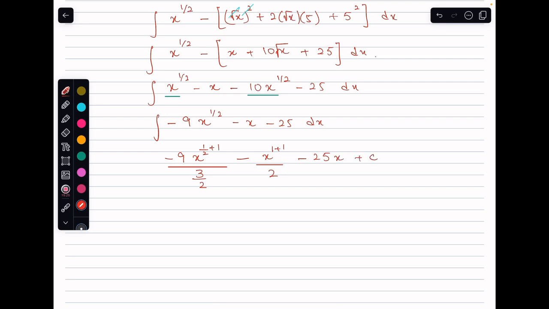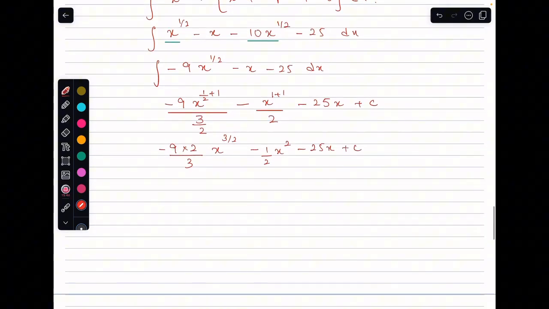So further I can say it's minus 9 into 2 divided by 3 x to the power 3/2, and then minus 1/2 x² minus 25x and a plus c, or further I can say that this is going to be a negative 6x to the power 3/2 minus 1/2 x² minus 25x and a plus c. So this is how then this integral shall be found here.